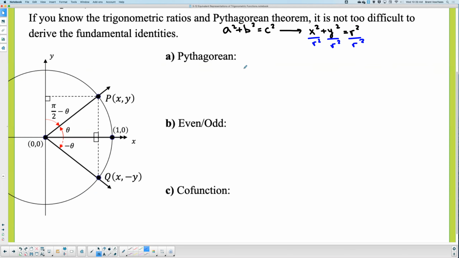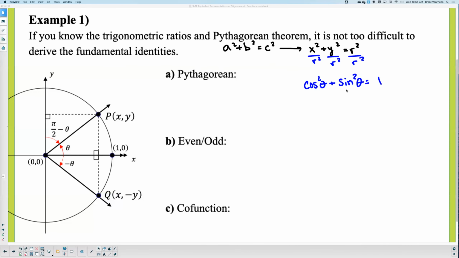The squareds don't cancel. Let me write that. Cosine squared plus, what's Y over R? Sine squared. What's R squared over R squared? Anything divided by itself is 1. That's how you get your first Pythagorean identity.